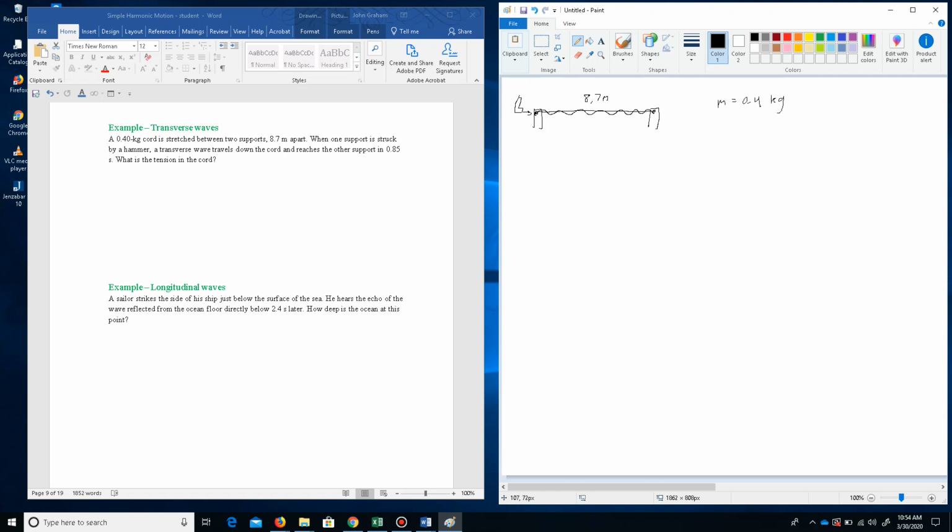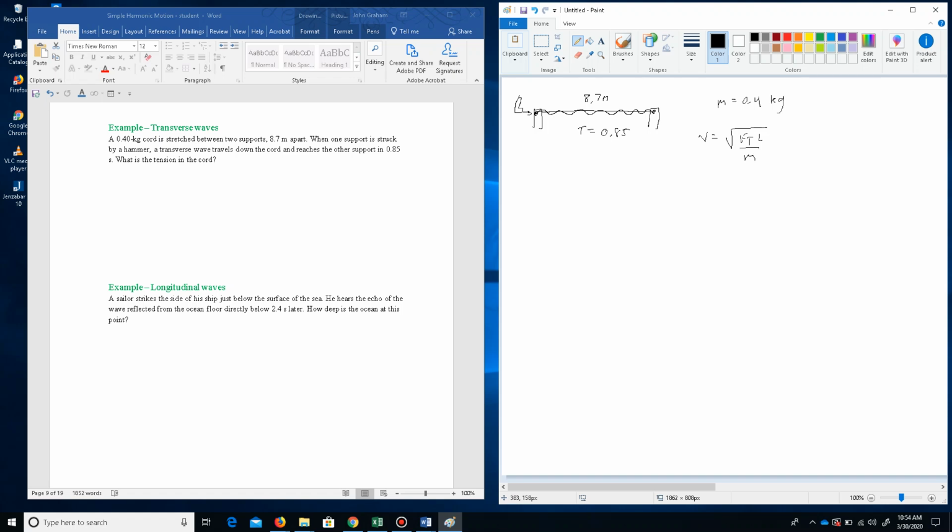And that wave, we measure the time, and the time it takes to reach the other side is 0.85 seconds. We want to know what the tension is. Okay, so we actually have the speed here. Right? We know speed equals the square root of FTL over M, but we have the speed, so we've got to find the tension.